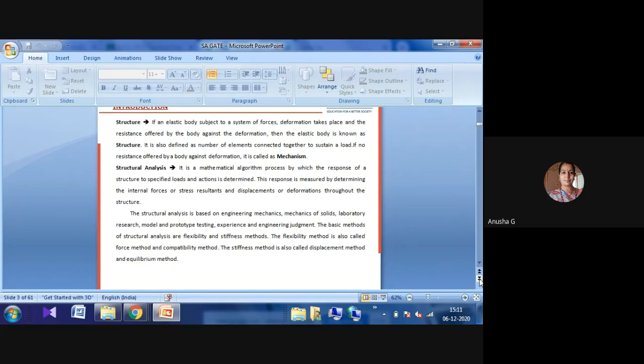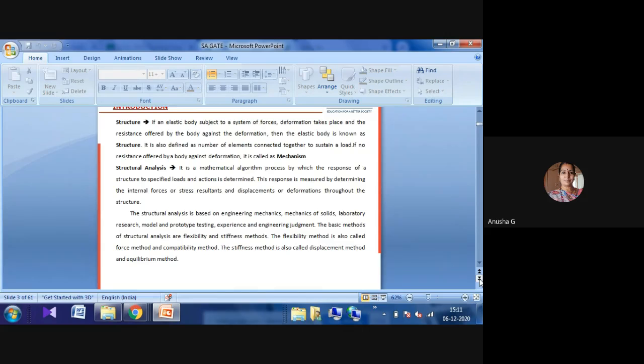It is defined as a number of elements connected together to sustain a load. If no resistance is offered by a body against the deformation, whatever the load acting on the body, that type of system is called a mechanism.